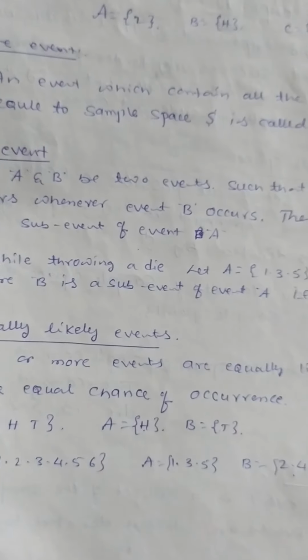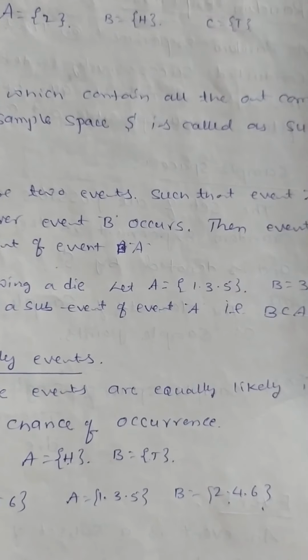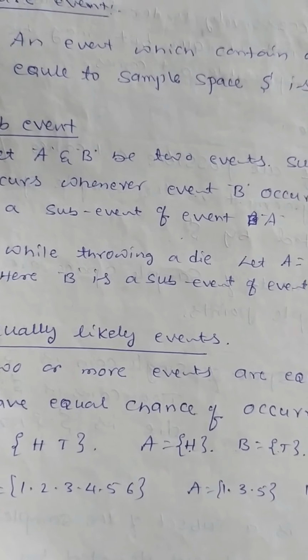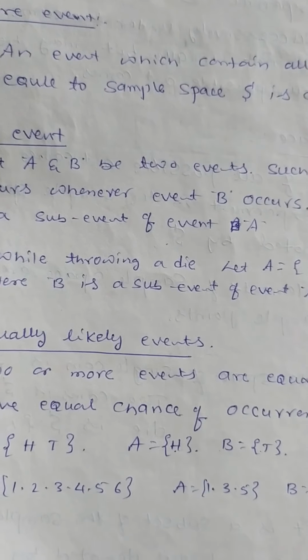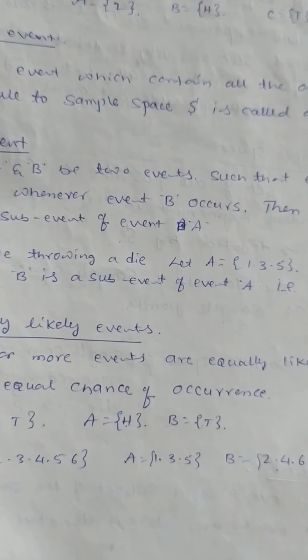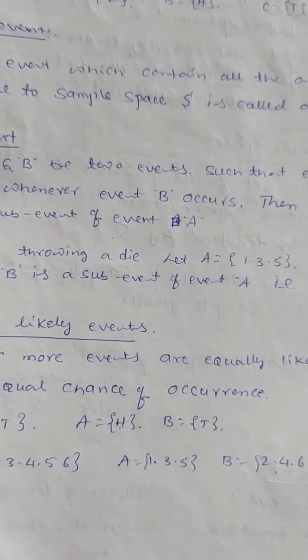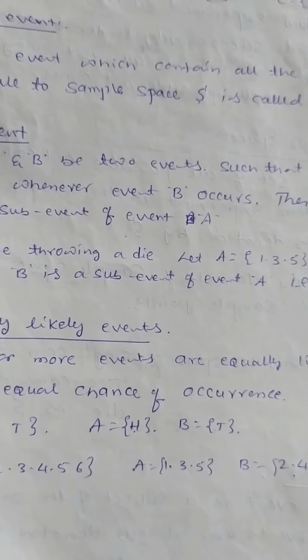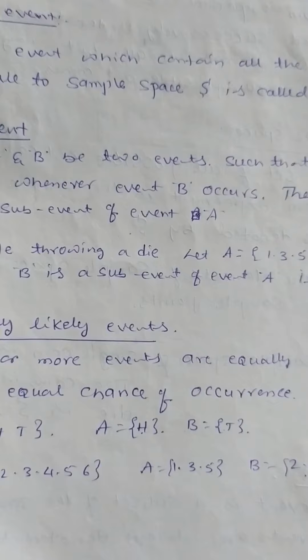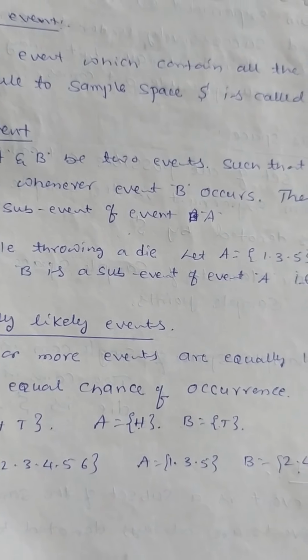Next, equally likely events. Two or more events are equally likely if they have equal chance of occurrence. For the sample space of a die, S is {1, 2, 3, 4, 5, 6}. There are 6 outcomes.